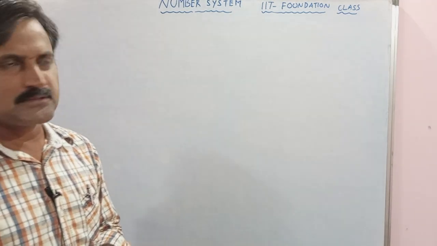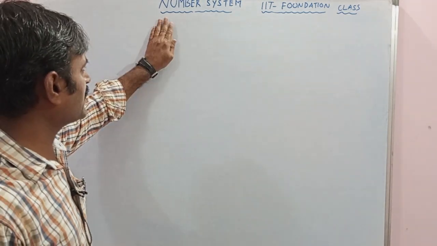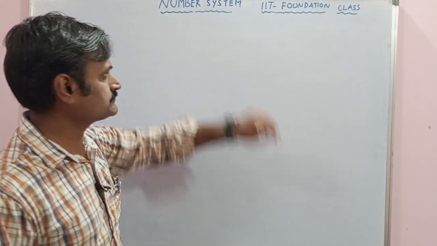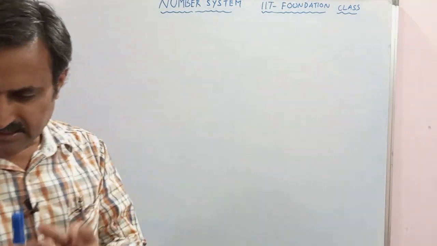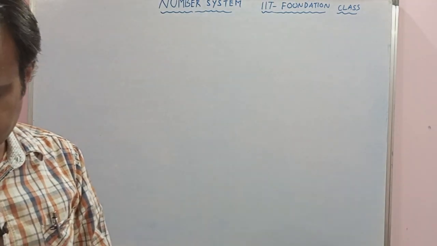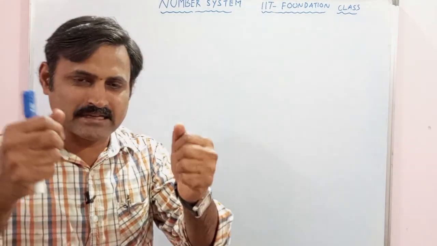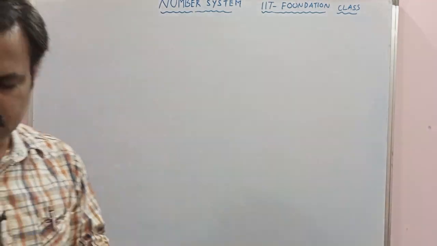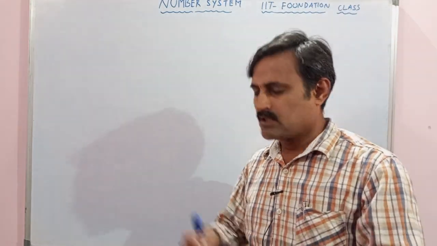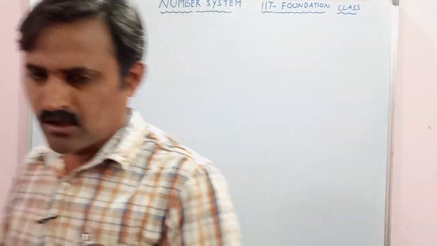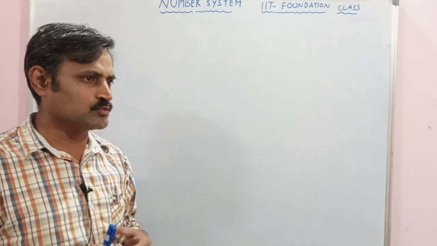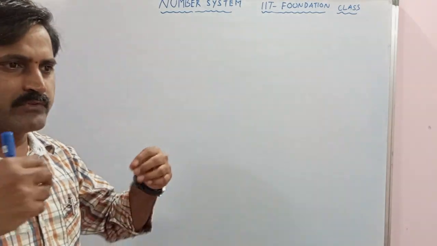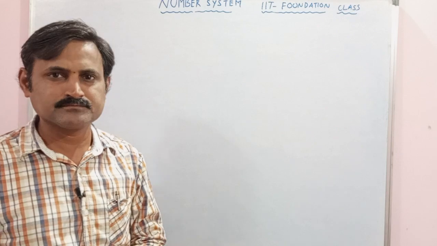Let us start the topic. Today's topic is number system. It's a mathematical topic, in which, what exactly is a number? Usually a number represents a count or a measurement. Anything we want to count, we need a number, or any measurement we want to do, that information also we give in terms of a number.